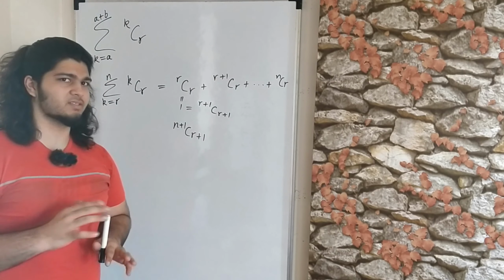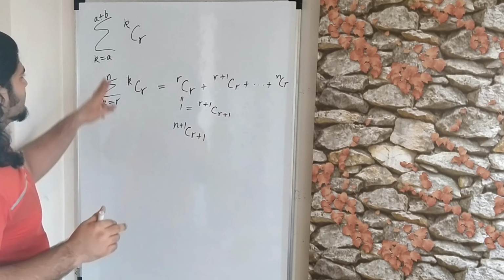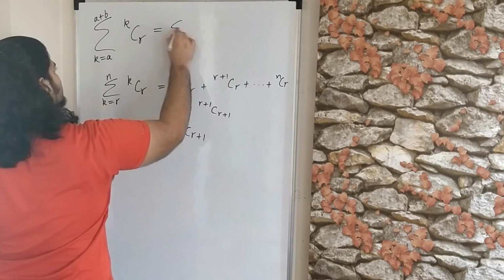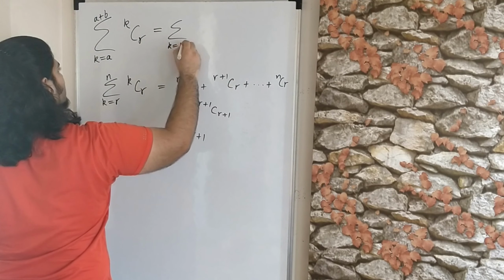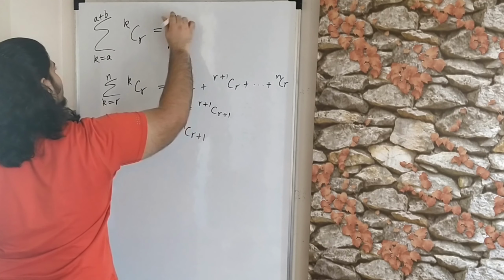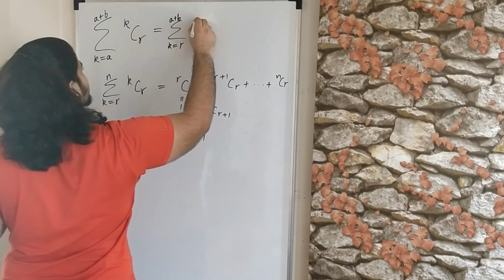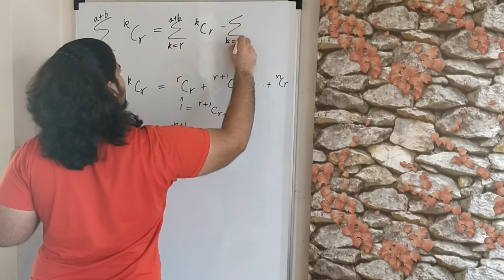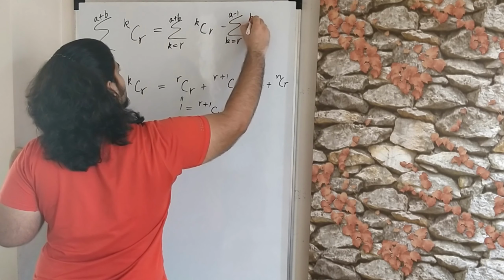Also, you may notice that you can derive a formula for this using this, because you can write the sum as the sum as k goes from r to a plus b of kCr minus the sum as k goes from r to a minus 1 of kCr.